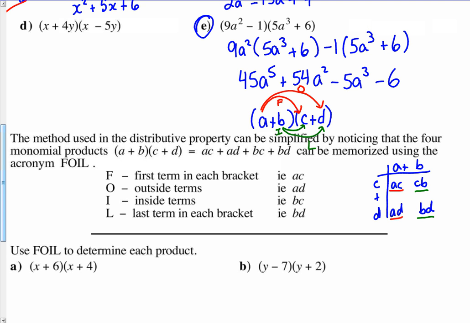You don't have to use FOIL. Okay, I'm going to show you how to use FOIL. Now, the cool thing about FOIL is binomial man. Yes, that is a thing. Let me show you.